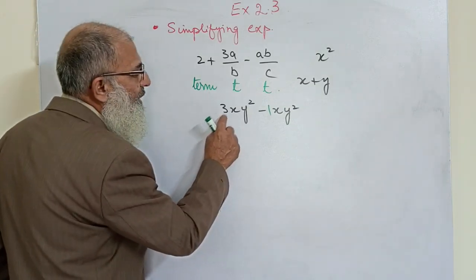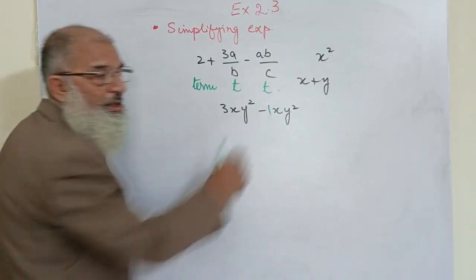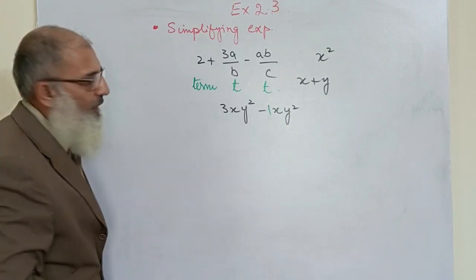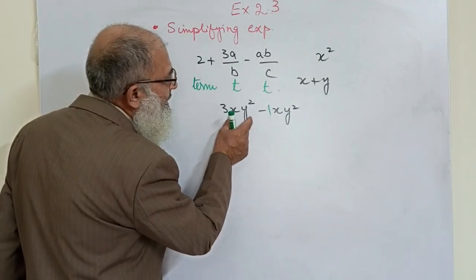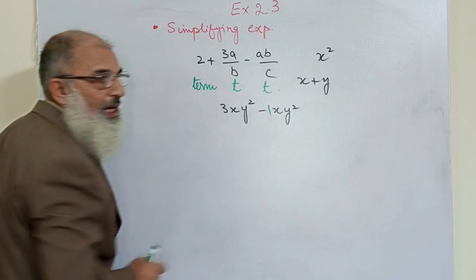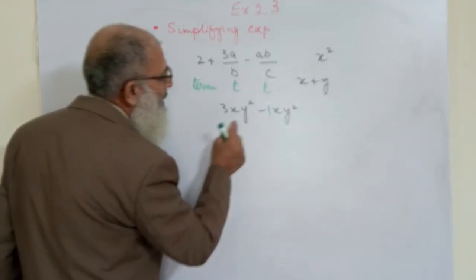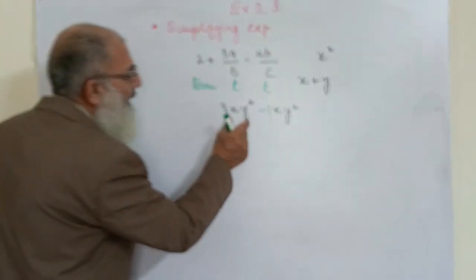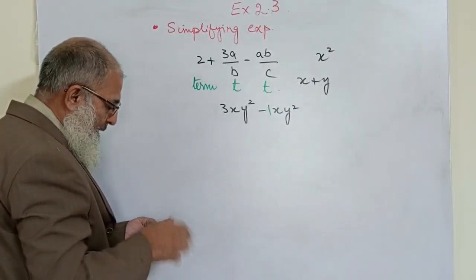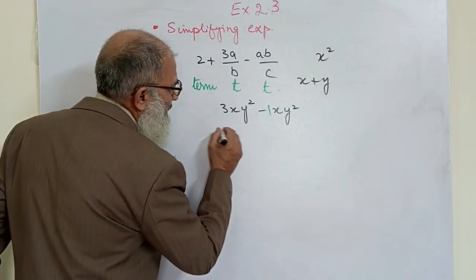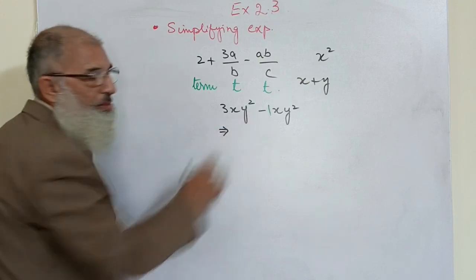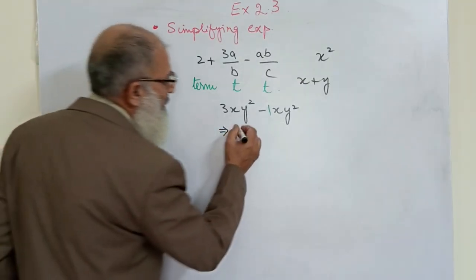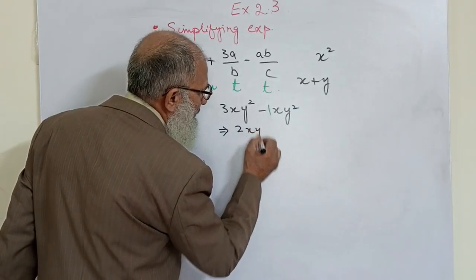Now this 3 is free to be subtracted with 1. And this x square and this x square, and xy square and xy square, are like terms, so they can be subtracted. Since the subtraction sign is in between them, the answer will become like this.